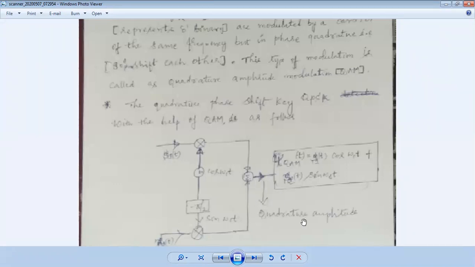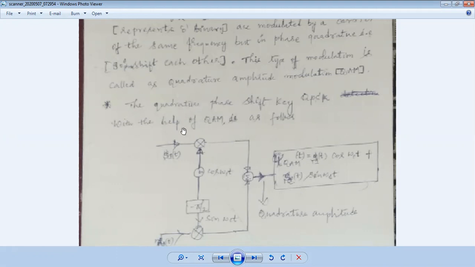So for the quadrature amplitude modulation, QAM, S1 of t is cos omega ct and S2 of t is sin omega ct. I just mentioned this because we will come back to how exactly the generation works. This is only for a better understanding of how the signal will be transmitted.